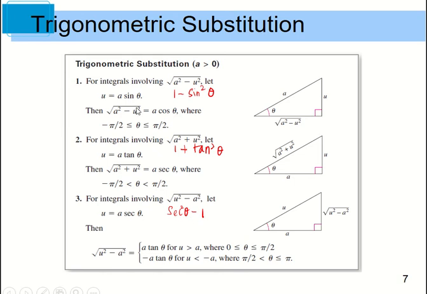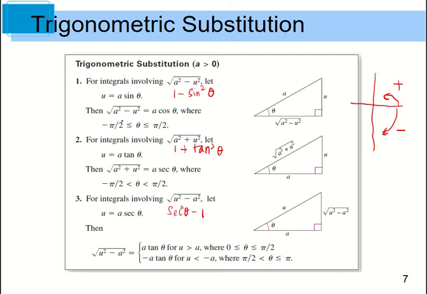Now the angle theta is very important as well. To apply this, theta must be from negative pi over 2 to pi over 2. What is negative pi over 2? When we measure the angle, anti-clockwise rotation is a positive angle, and clockwise rotation is a negative angle.